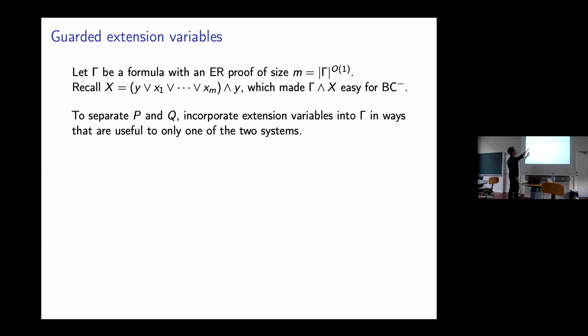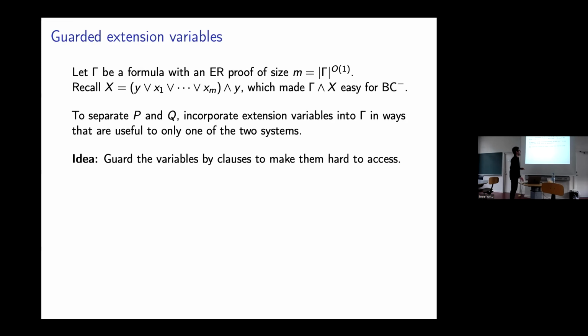These new variables can only be used by one of the systems, but not both. And we will guard the variables by clauses to make them hard clauses. And I will again make this in the second half if you want. But roughly, we exploit the idea that these proof systems, some are able to derive things that are plainly not derivable at all in the other system.